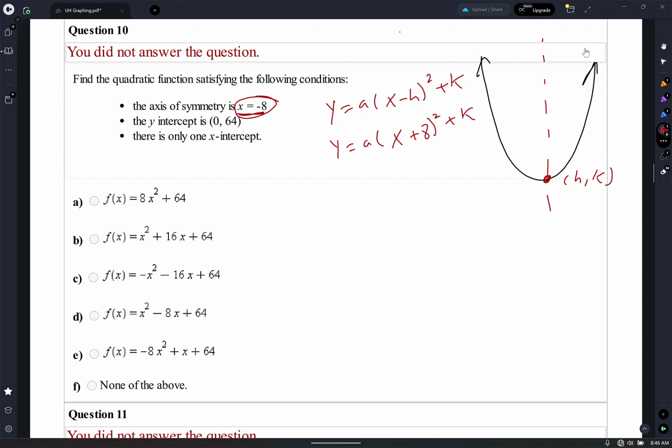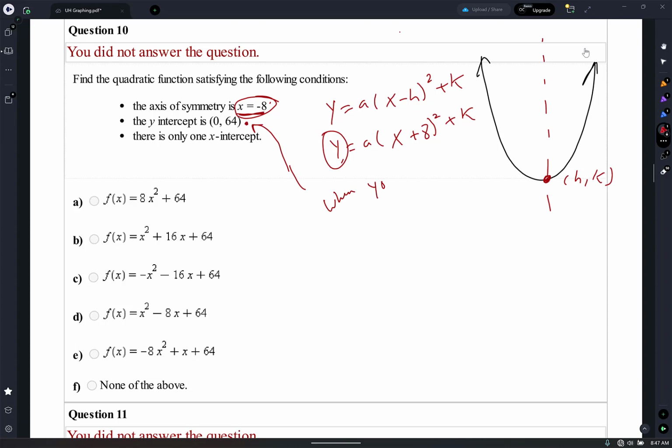The y-intercept is 64. Okay, well. All right, I'll just tell you. Hopefully you recognize, isn't 8 squared the same thing as 64? So you're like, wait a minute. That means k has to be 0. Because remember, when you plug in a 0, I better get a y value of 64. So let me write this down.